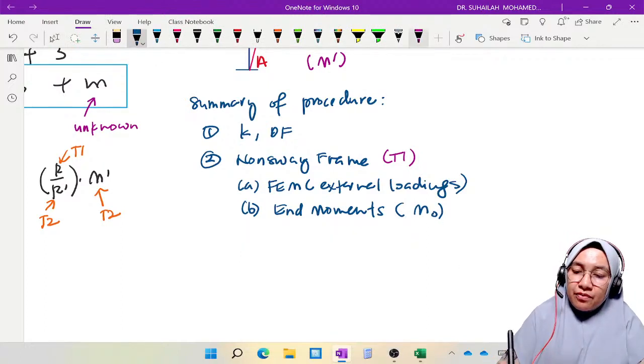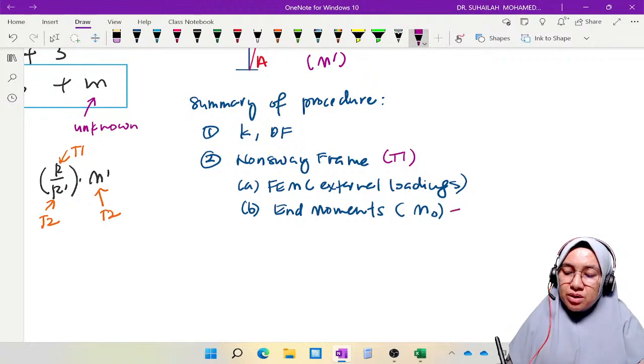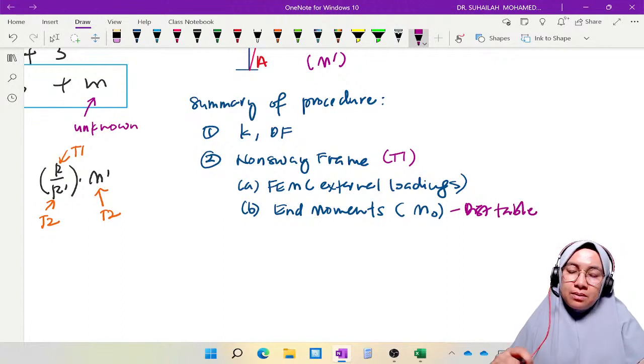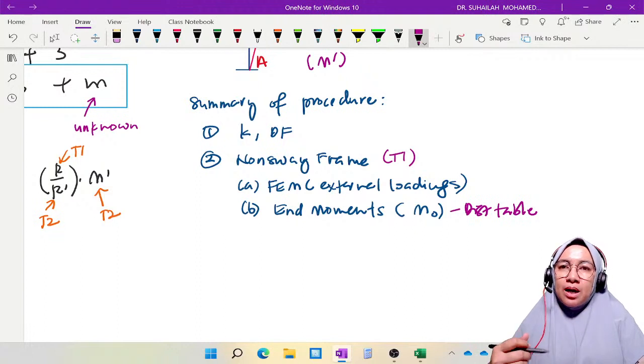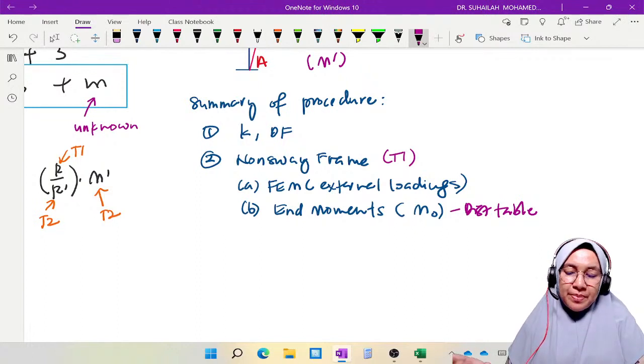We get this from table number one, the distribution table. The moment that we distribute is based on the fixed end moment. In the table, there are two main steps: we have to distribute moment, and we have to carry over the moment.